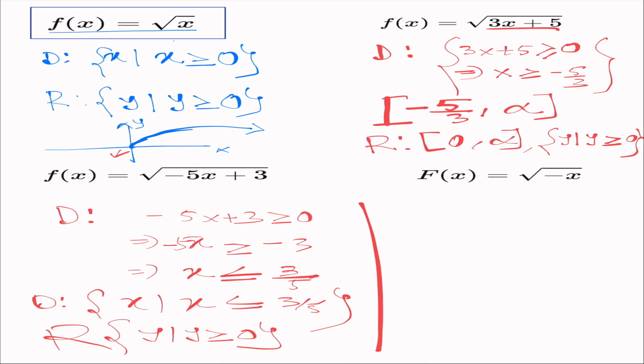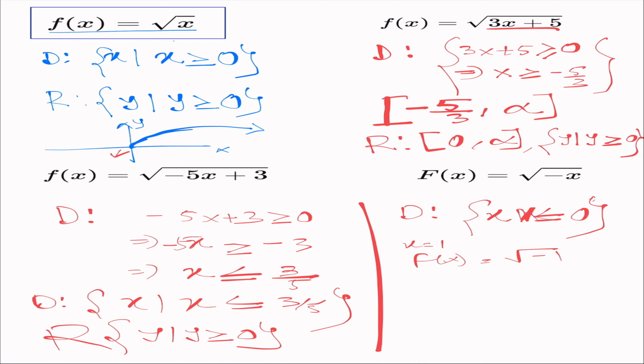Okay, now for this one, it looks interesting, right? Since the sign is changed, for the domain we have to change the sign, that's all. So x has to be less than 0, because in this case, if x is more than 0, then we get a negative number. But if x is less than 0, we get a positive number. Let's say x equals 1, then f of x equals the square root of -1, which is undefined.